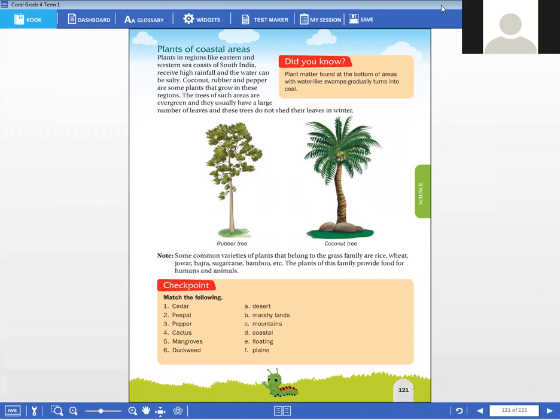B, marshy lands. C, mountains. D, coastal. E, it's floating. F, it's plains. Please do this checkpoint on your own, children.